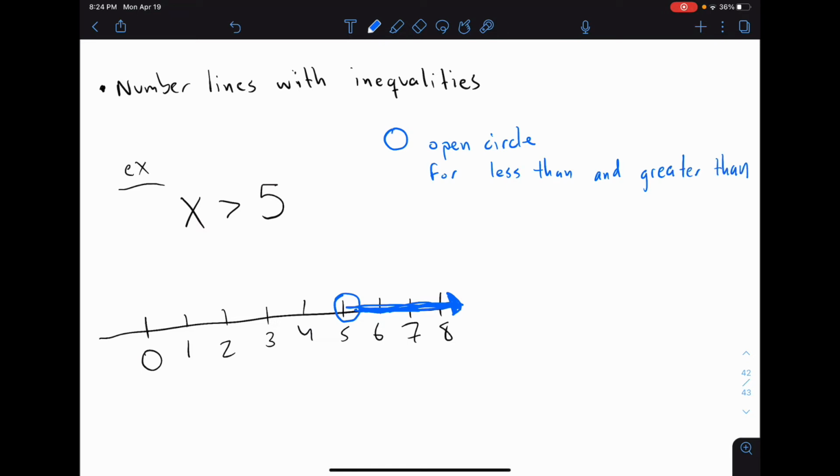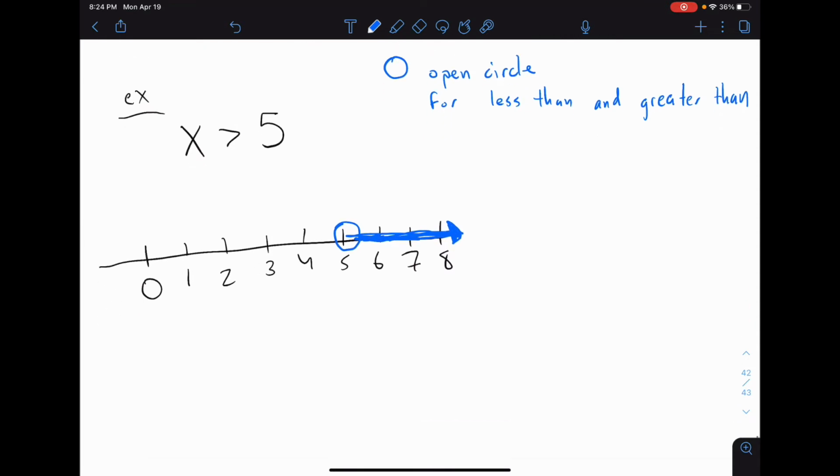What that means is that I am not including 5. Lo que significa ese círculo que no está colorado significa que no estoy incluyendo ese 5. That means that I start at 6. I start at 6, then 7, then 8, then 9, then 10. That is what the open circle means.